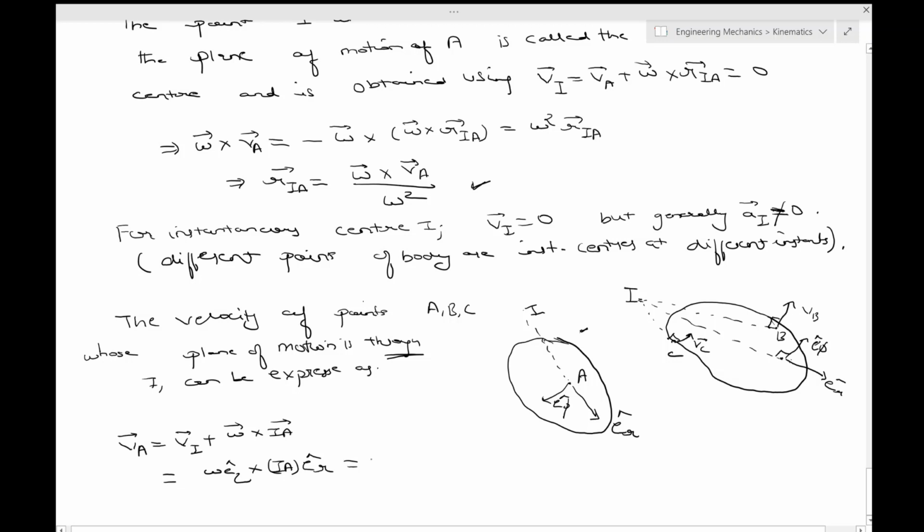This would mean that this is equal to omega IA into E5 hat. So that's why we can write the velocity of A is equal to omega IA. I am not showing the direction. Okay, I am showing the direction. It is along E5, but the magnitude is omega IA.